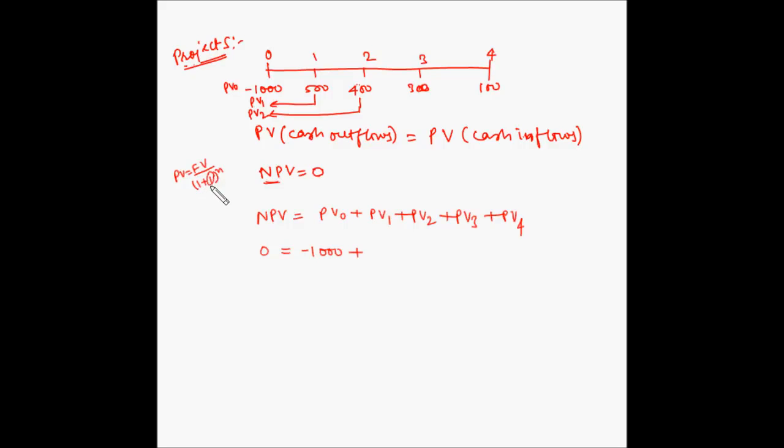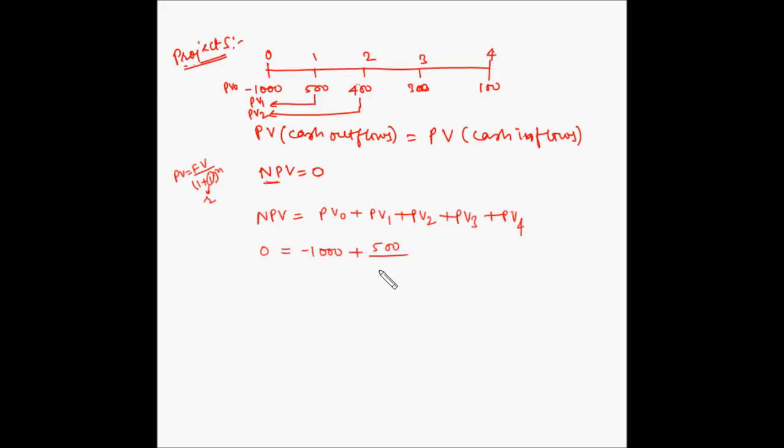This in our case is R. So PV1 is the present value and the future value is 500. So present value is equal to 500 divided by 1 plus R to the power n. Now 500 is being discounted for 1 year.